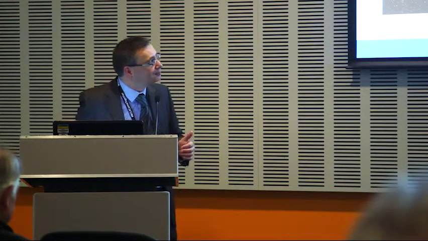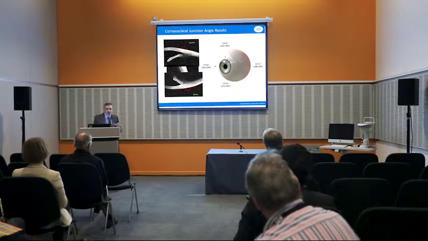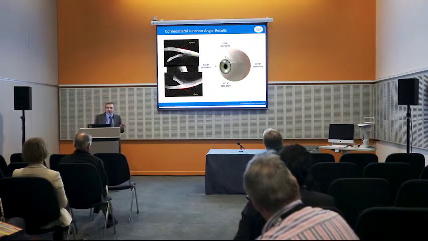In the superior aspect, we were looking at a mean reading of 179 degrees, so almost flat, almost a tangential progression from the cornea into the sclera. Inferiorly, much the same story. However, when we look nasally, it's a much, much steeper transition. And when we look temporally, almost flat again.